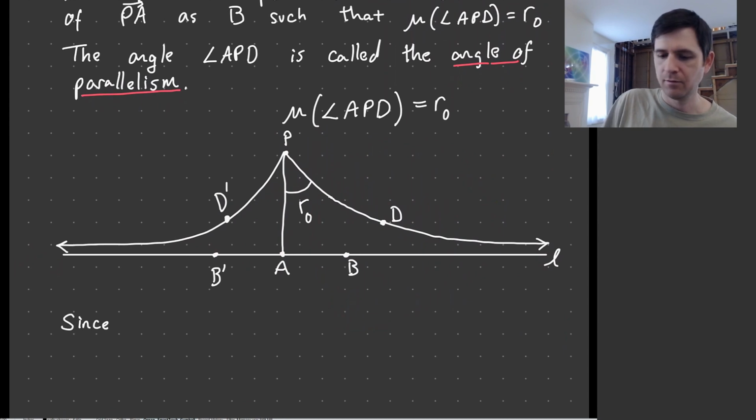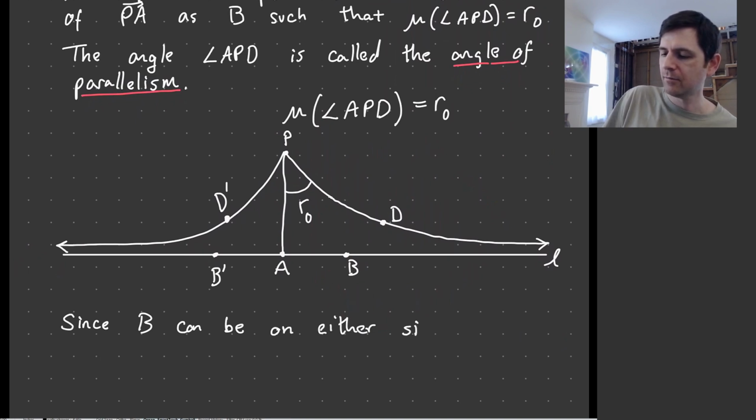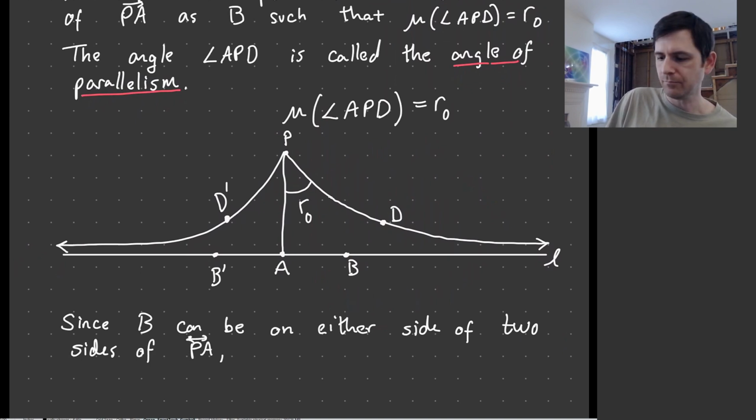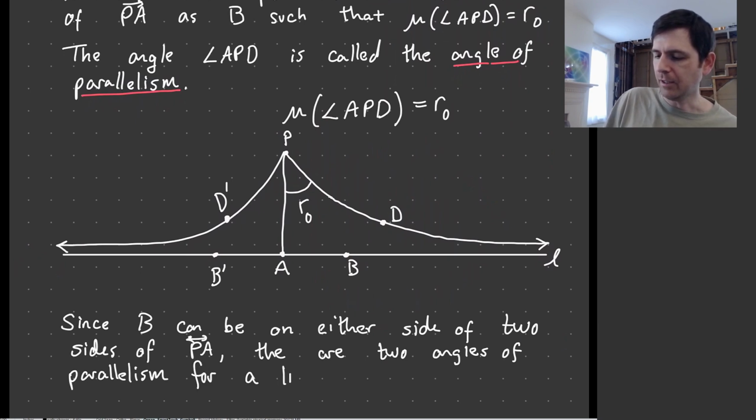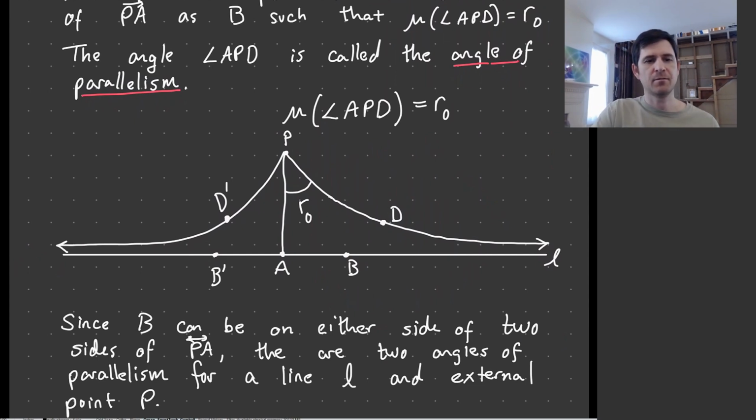So since B can be on either side of the two sides of PA, there are two angles of parallelism for a line L and external point P. So the natural thing to wonder then is, well, what's the measure of this other angle of parallelism?